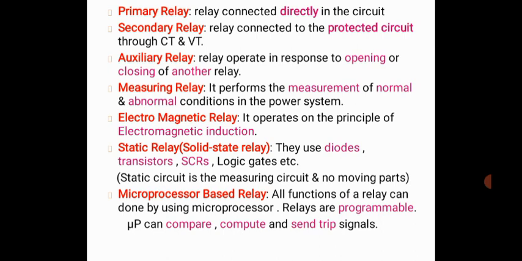Measuring relay performs the measurement of normal and abnormal conditions in the power system. Next one, electromagnetic relay operates on the principle of electromagnetic induction. Next one, static relay. Static or solid state relays use diodes, transistors, SCRs, logic gates.